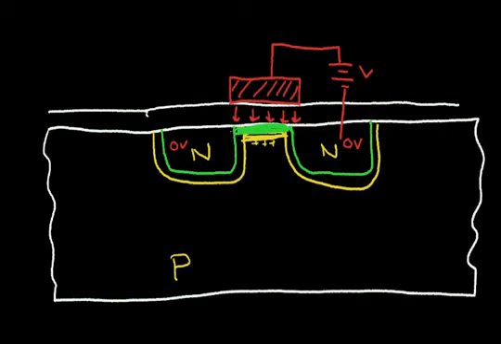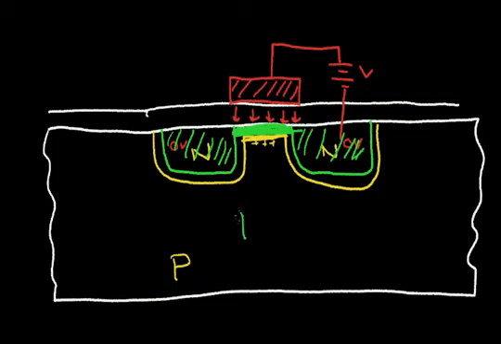So when this junction, or when this region inverts and becomes an N-type region, I now have conduction. I have a conduction path from this region to this region over here through the region underneath the gate electrode.